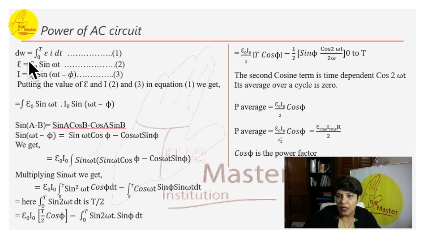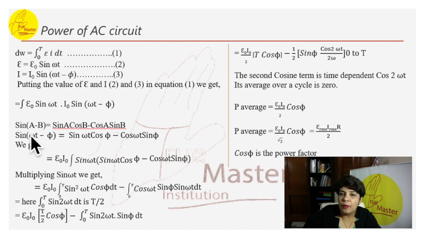Work done W is equal to the integral from 0 to T of E I dt, substituting the values of E and I as E naught sine omega t and I naught sine omega t minus pi. That is, putting the values of equations 2 and 3 in equation 1, we get E naught sine omega t times I naught sine omega t minus pi.